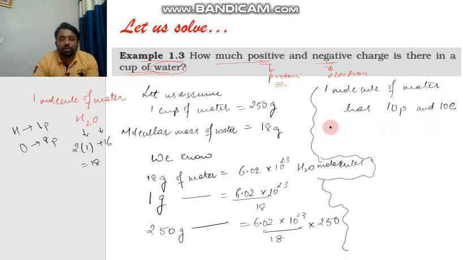So, charge. Since water is a neutral compound, the positive and the negative charge will be equal.